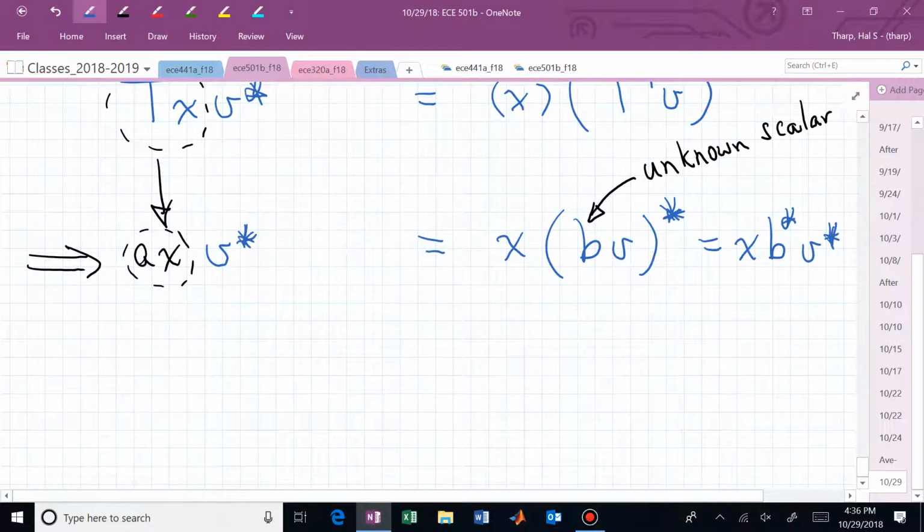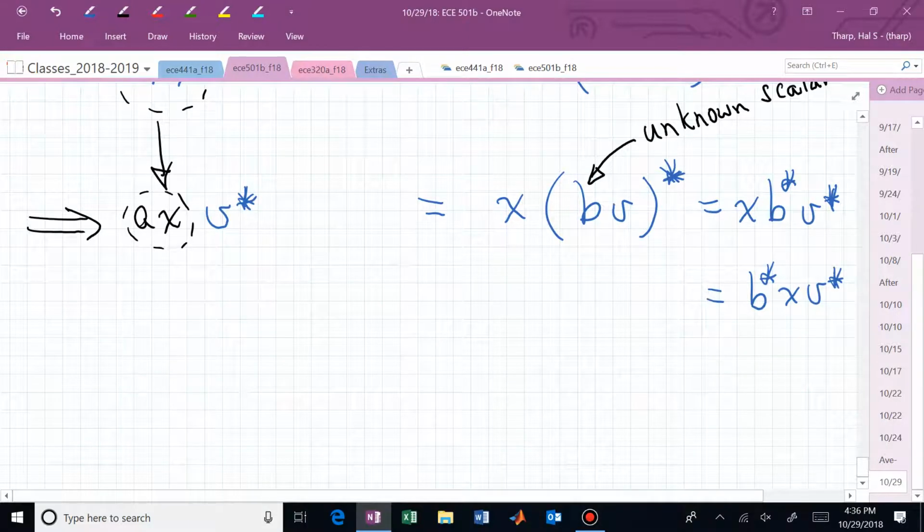That's okay, isn't it? And since these are scalars, I can slide them through each other, so this is now B conjugate X V star. And I'm hoping you can now see what I'm wanting to see. I have X V star on both sides, and I have what I need scaling the X V star quantity.